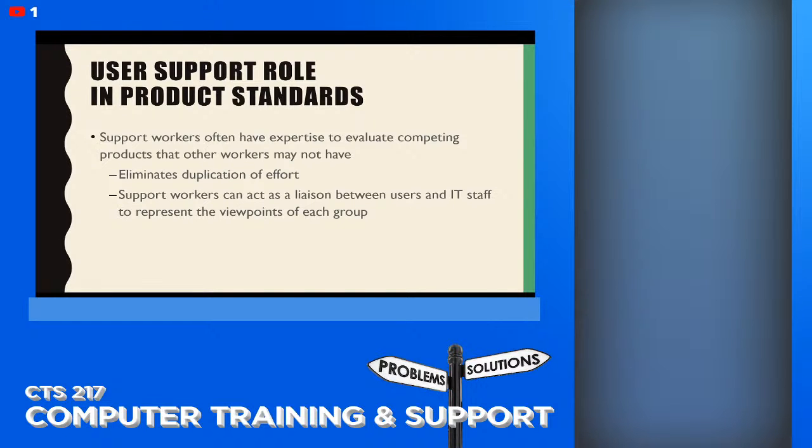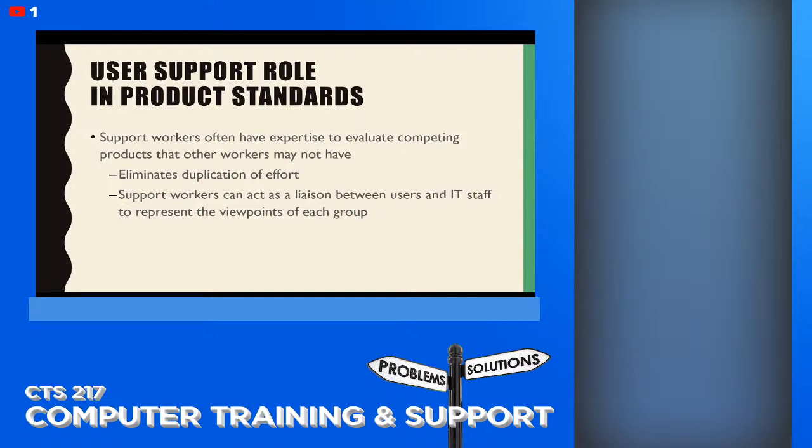And so the first thing that we do by putting the onus for developing these product standards onto support agents is that we eliminate the duplication of effort. Because we've all probably experienced it at some point where somebody makes a decision and it goes sideways, and you just tell them flat out, if you would have involved me, since I know a lot about this particular thing, we could have saved ourselves some time and effort.